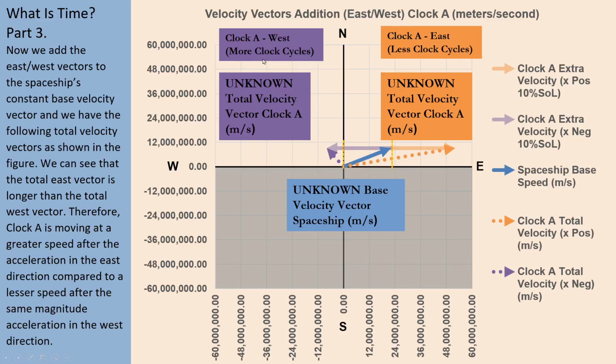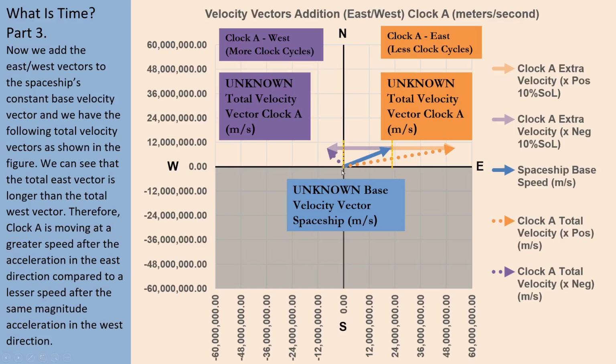Since moving clocks run slow, less clock cycles means you were moving at a greater rate. So we know that the total velocity vector in the east direction is greater than the total velocity vector in the west direction. And that's again because of vector addition.